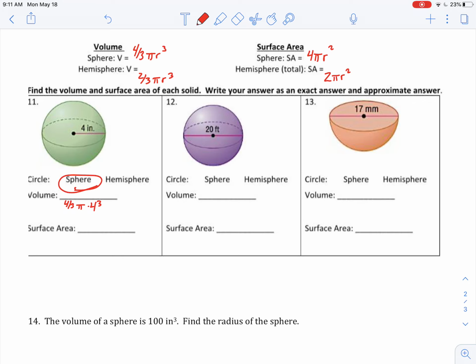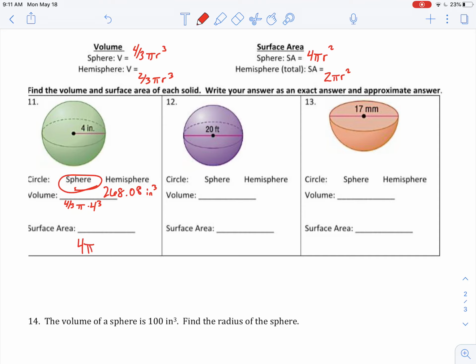So if I take 64 times pi times 4/3, I get 268.08, and that's cubic inches.